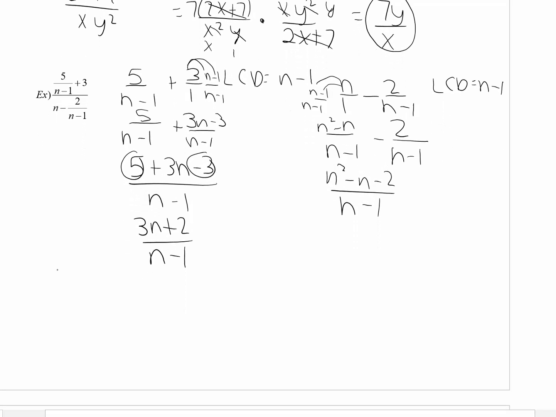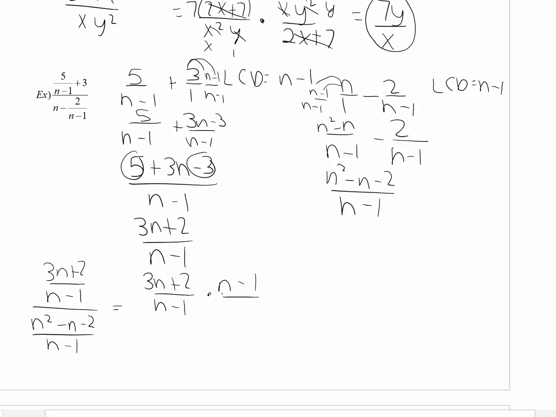Okay, so now my numerator over the denominator, I can rewrite this as a multiplication problem. Okay, so I'm going to factor this first.